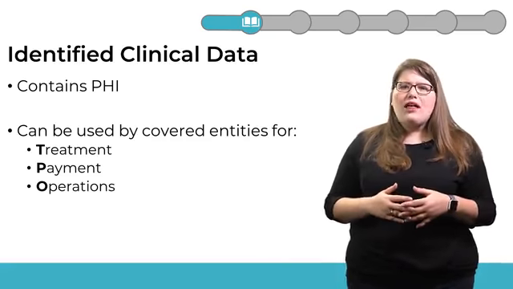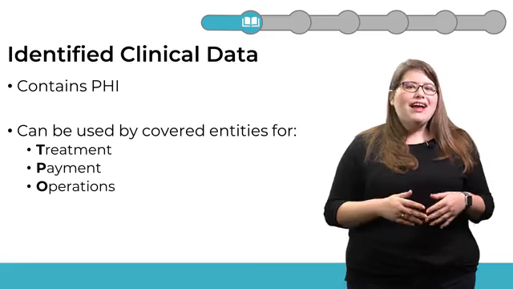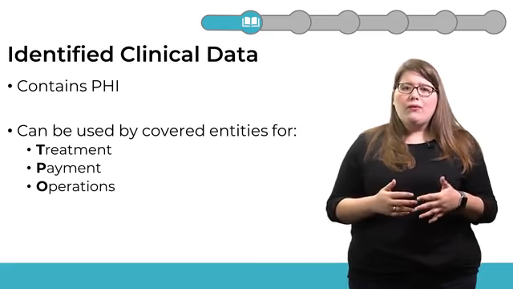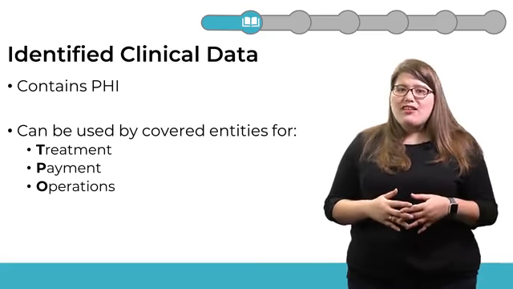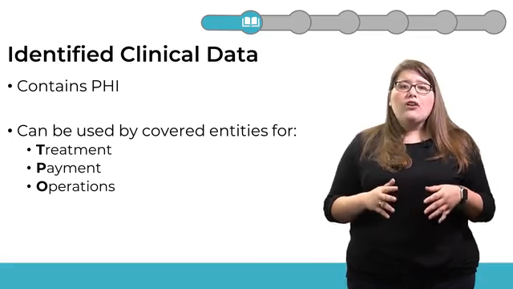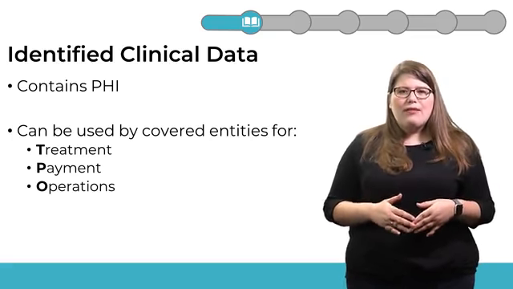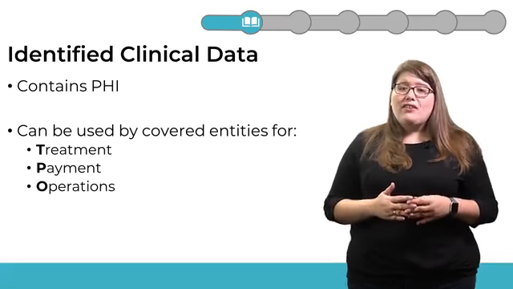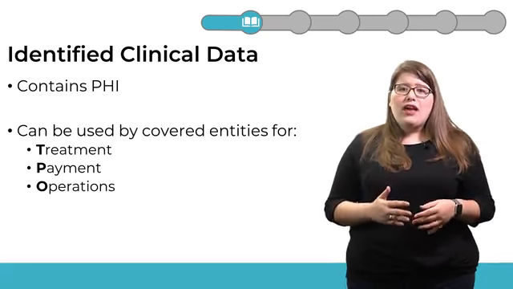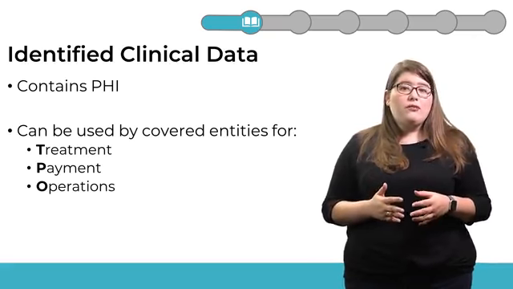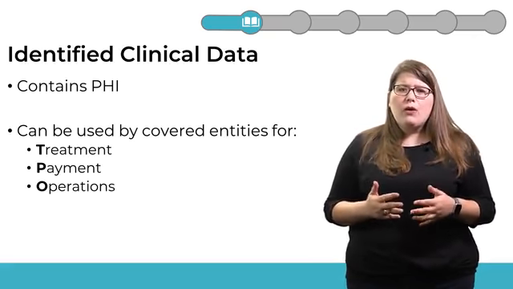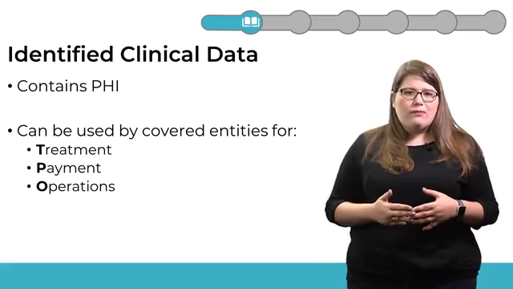You'll often see these allowed uses of PHI abbreviated as TPO. The only exception to these allowed uses of PHI are psychotherapy notes, which have additional protections. Many clinical data scientists work for healthcare systems and perform their duties under TPO authorization doing quality improvement projects.